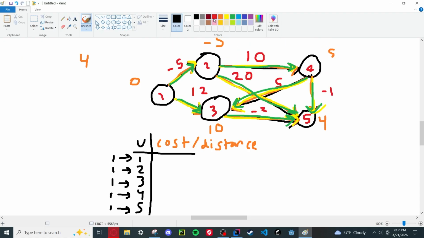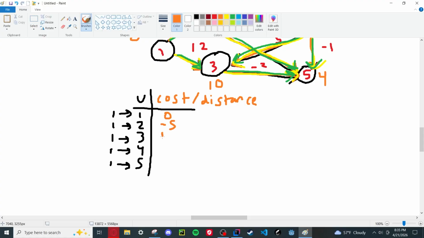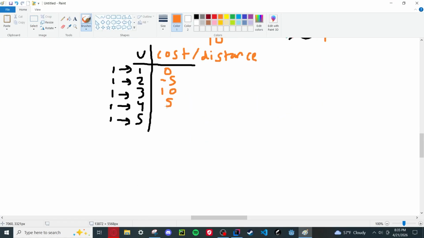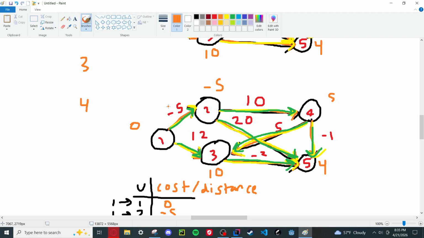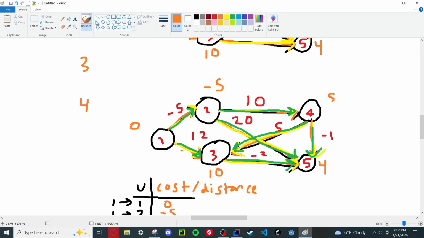So 1 to 1 is 0, 1 to 2 is -5, 1 to 3 is 10, 1 to 4 is 5, and 1 to 5 is 4. These are the distances. Now we don't know the paths to get to this distance.